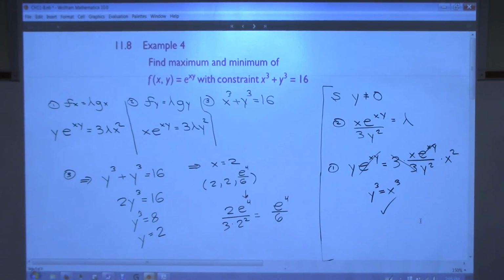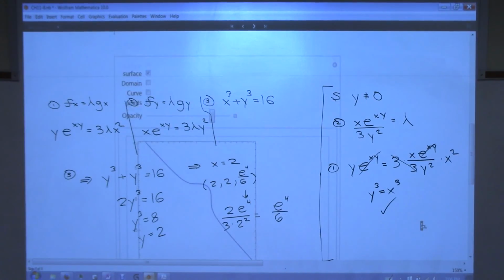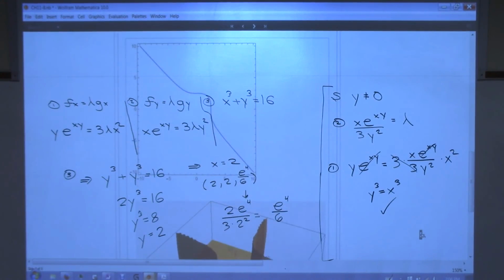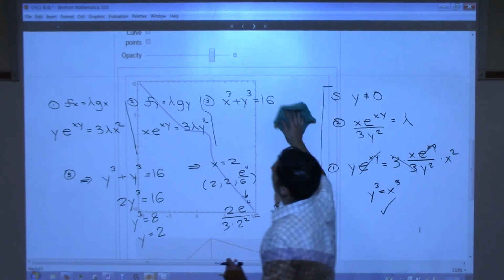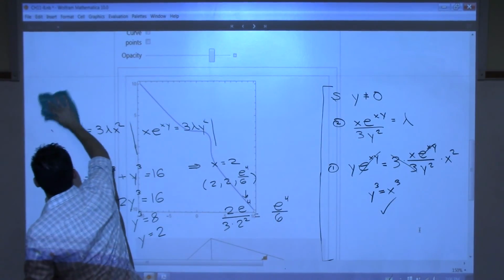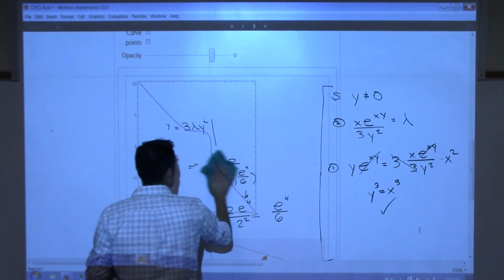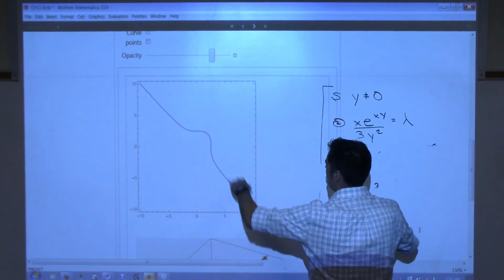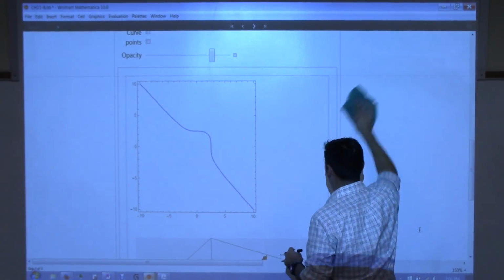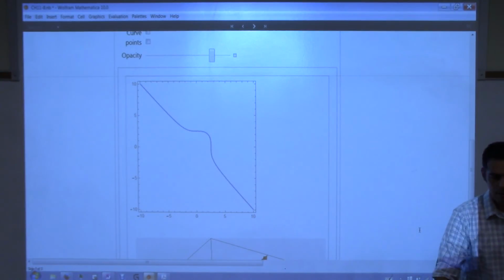It's like another side. Let's take a look at it. Something's going on here. First of all, I should erase some of that stuff, huh? I have the domain graphed separately here. That's your constraint equation. That's x cubed plus y cubed equals 16. Right there.